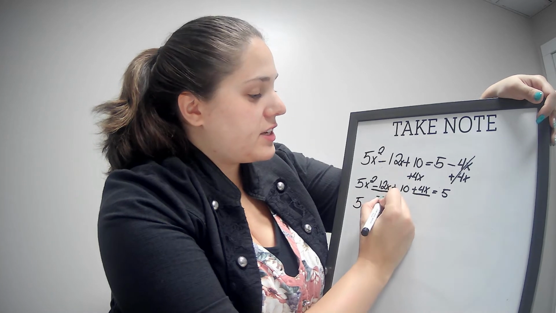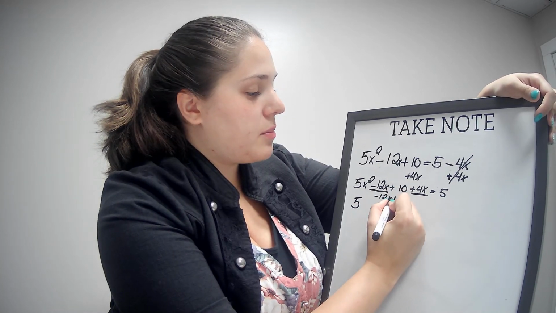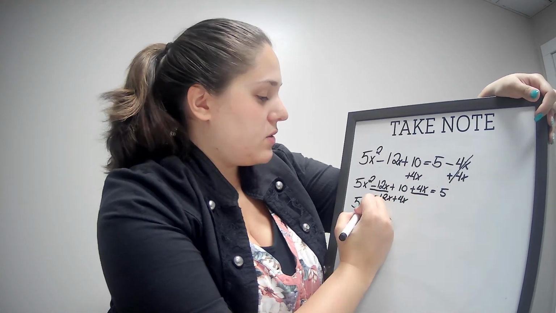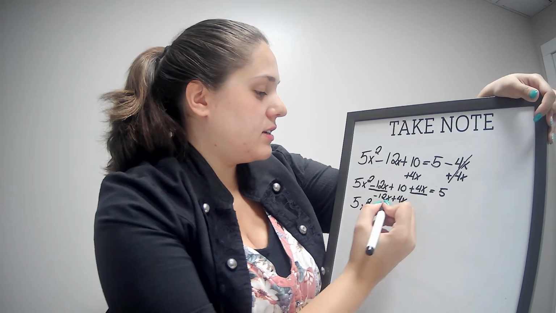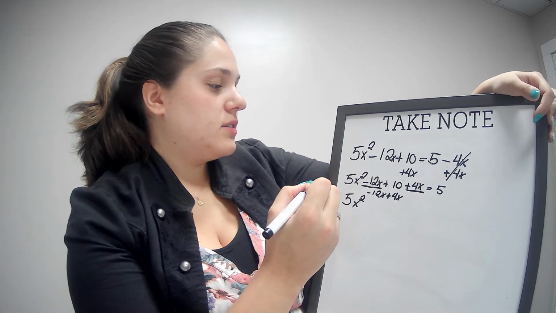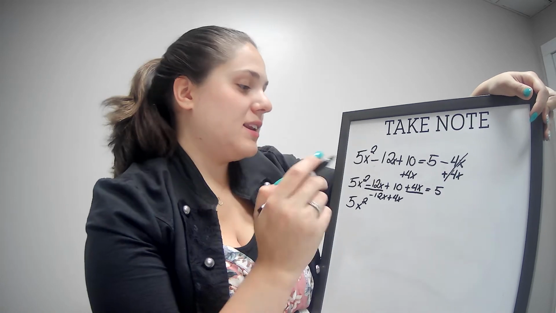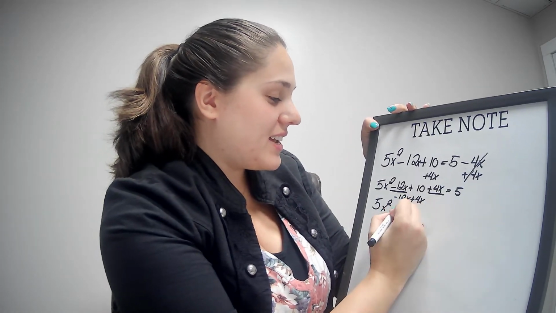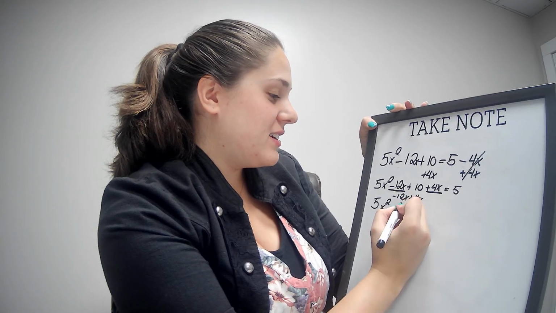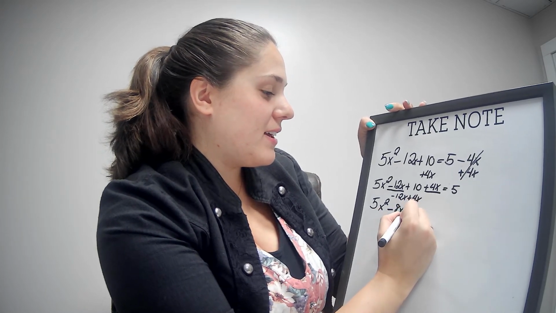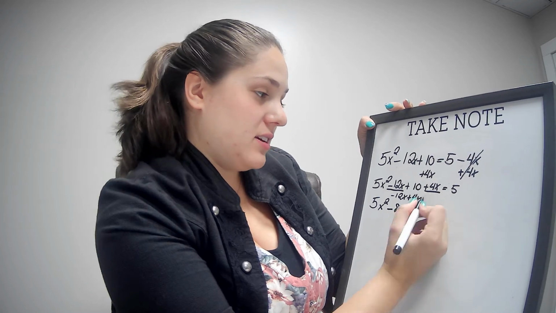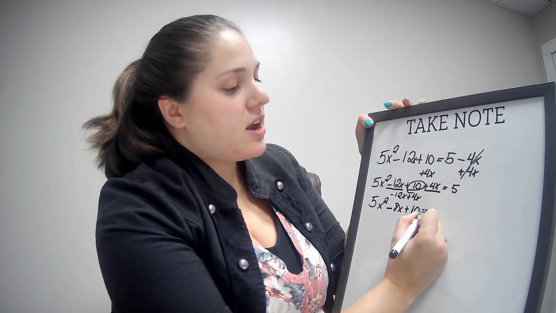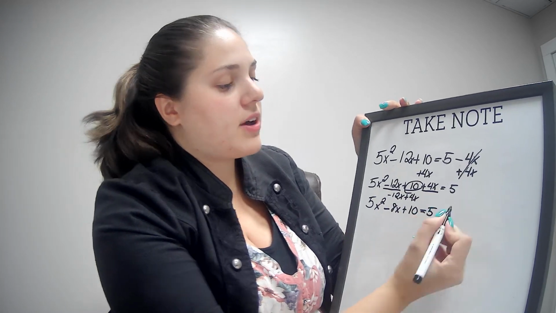So that means that you're taking negative 12x plus 4x. And what does that give me, class? Yep, okay, that's good. All right. So we have a negative 8x, plus 10, because we don't want to forget this term. And now we're at equals 5.